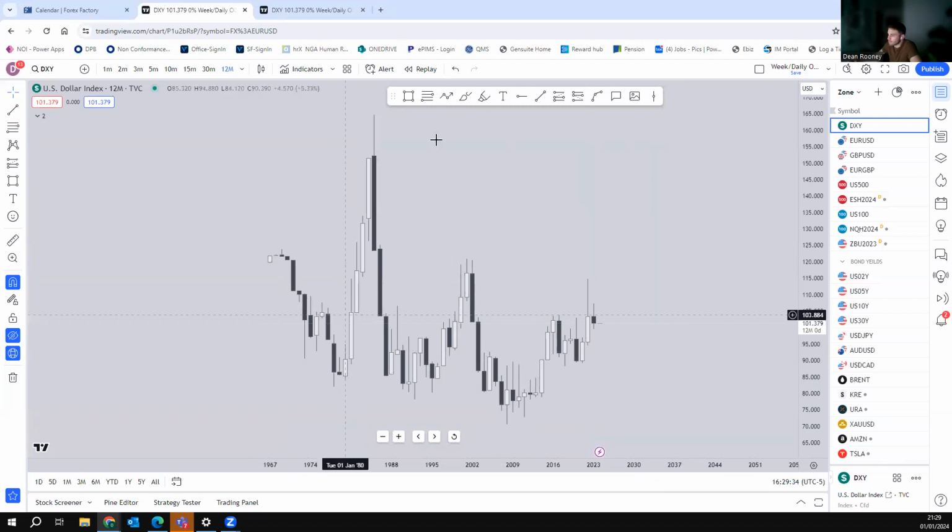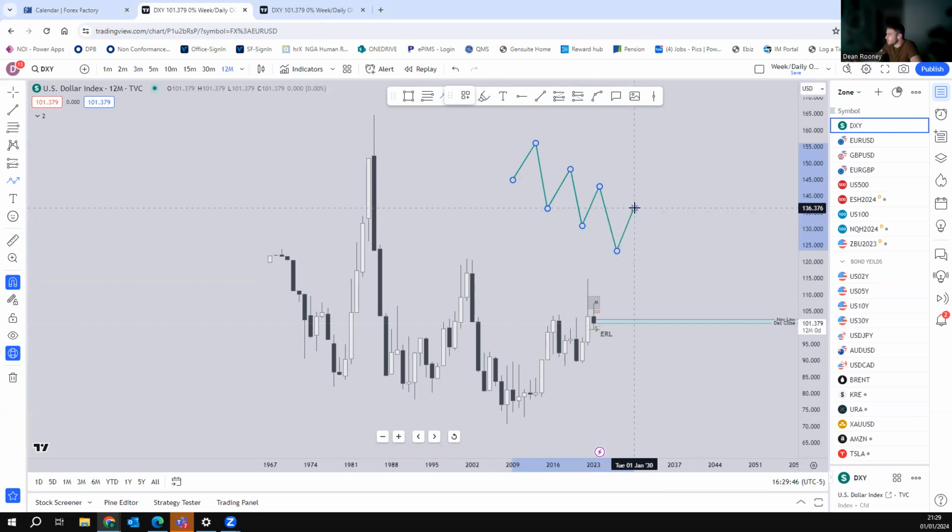Basic market structure: we've got a high, lower high, lower low, lower high, lower low, lower high, lower low. So there you go, that's a downtrend where you continually make new break structures to the downside.